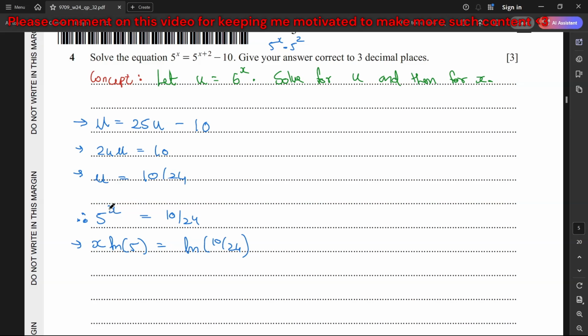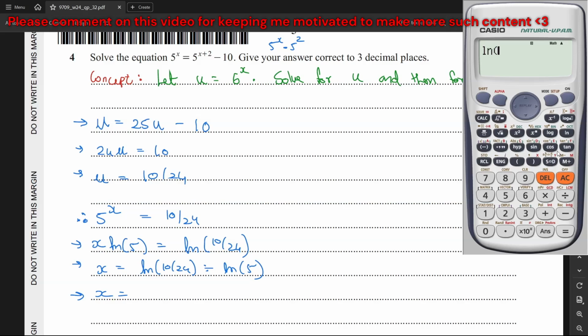And on the left side, because x is on the power, I can bring that power down, as you can see. So I've done 2 steps on the left hand side at once. First, introducing ln on both the sides, and then also getting my x in the bottom part. And from here, I can get that my x is equal to ln of 10 by 24 divided by ln 5. And then because I want to give my answer correct to 3 decimal places, I just use my calc to solve this.